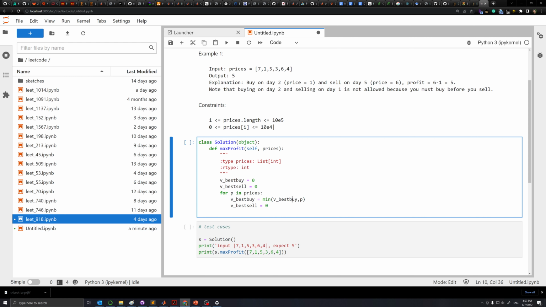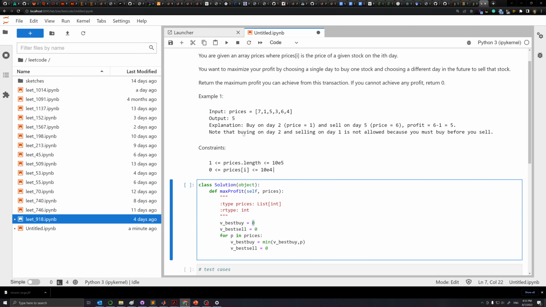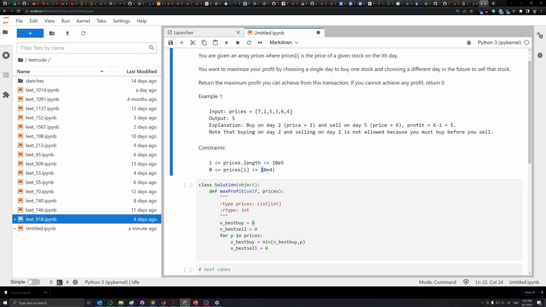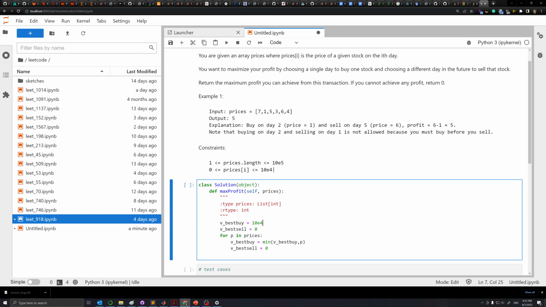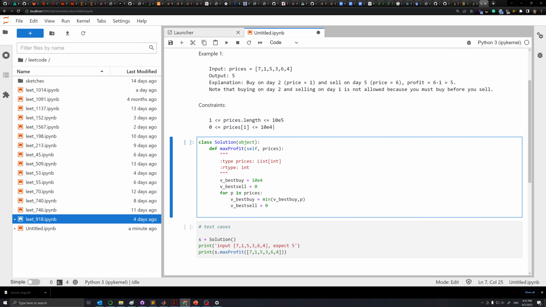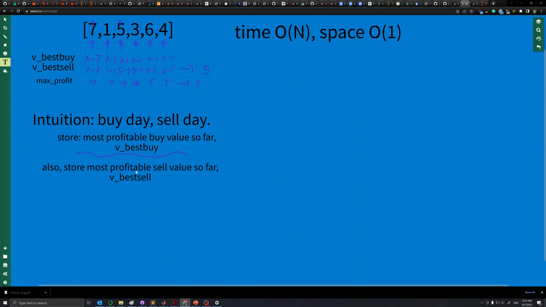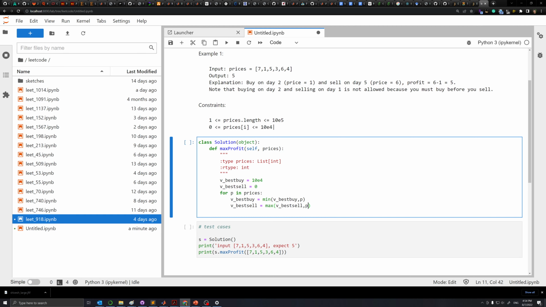So since we're doing min, at the beginning we should probably initialize best buy value with the largest price that we can ever find. So it'll be this thing here. Let's initialize with that. Best sell value, let's initialize it with 0. Best sell value is going to be the max, of course, between the previous best sell value and the current value, right? So you update, and then there you go.